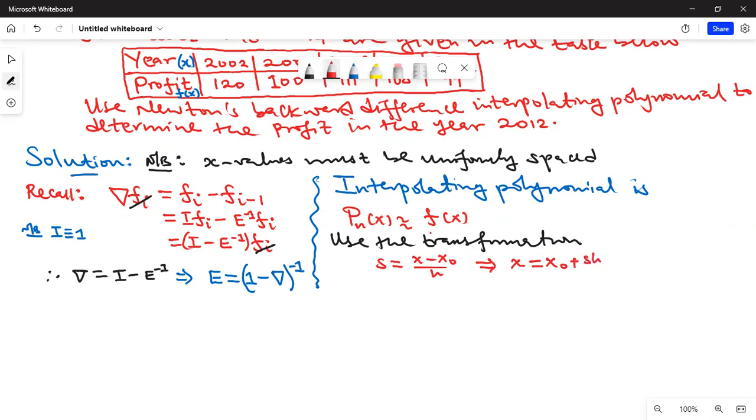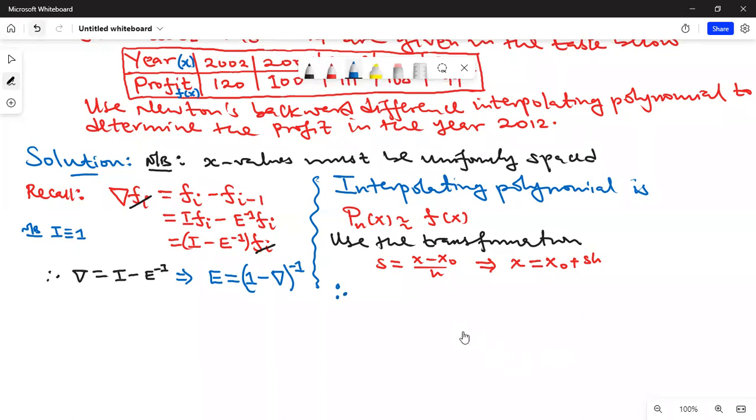This transformation will transform the tabular points, that means the x values, to integers. We already demonstrated this when we were looking at the forward difference technique. So let's substitute x into the interpolating polynomial.